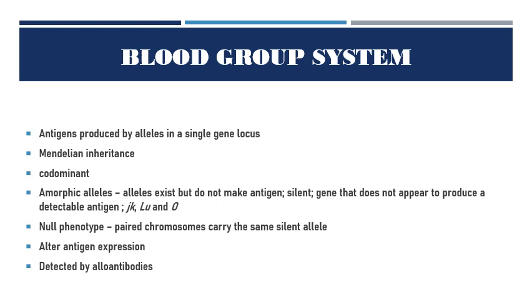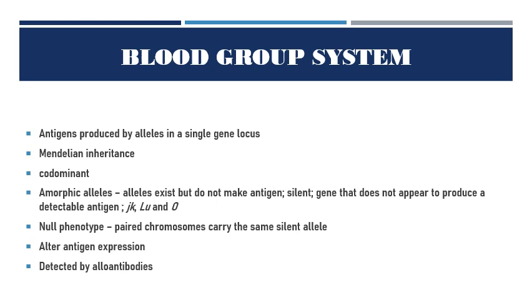Blood group systems are antigens produced by alleles in a single locus or loci, and they demonstrate the Mendelian theory, like the ABO blood group system. The same with the ABO blood group system, the alleles are co-dominant.